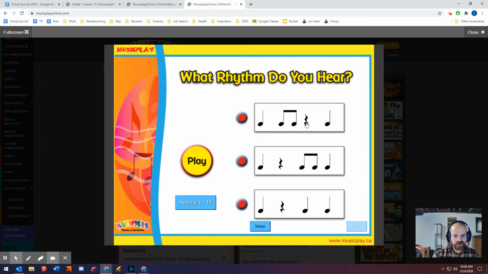So if you remember these rests, they just mean that for one beat, you're silent. So let's hear it again. Which one did that sound like to you? Did it have a TT in it? I heard a TT, did you?